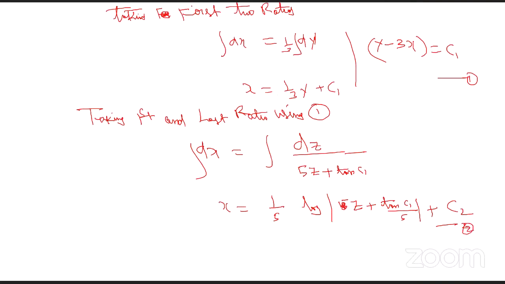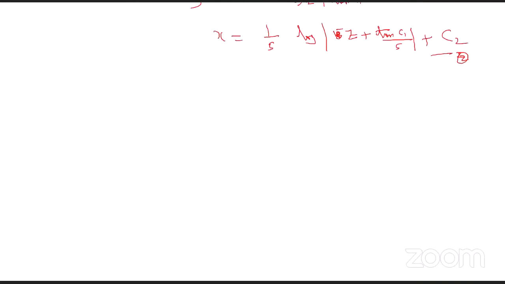Here 1 and 2 are the solutions. This can be written in the form f of y minus 3x, comma, 1 by 5 log mod 5z plus tan c1 by 5.